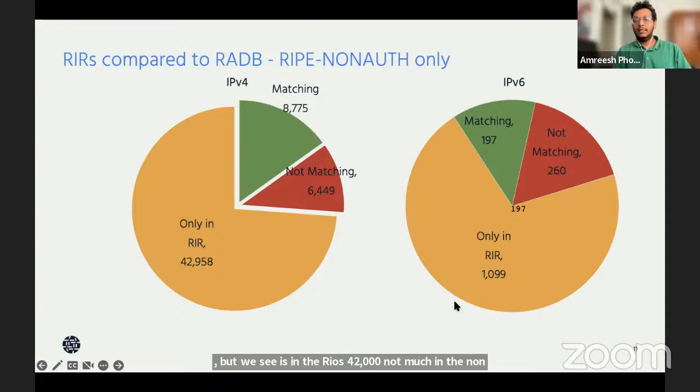For IPv6 it is around 1,000 only in the RIOs and 260 not matching, which are appearing in between the RIO and the RIPE non-auth.